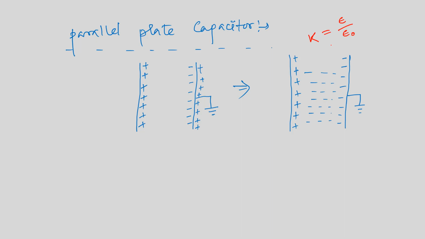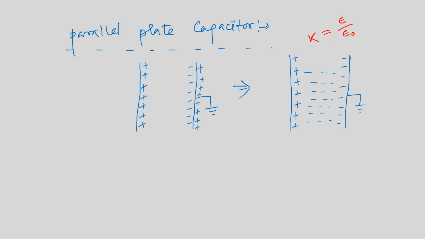Now permittivity of a medium, what do I mean by that? Permittivity is a type of permission. That means it depends on the property of the medium, how many electric field lines can pass through that particular medium.